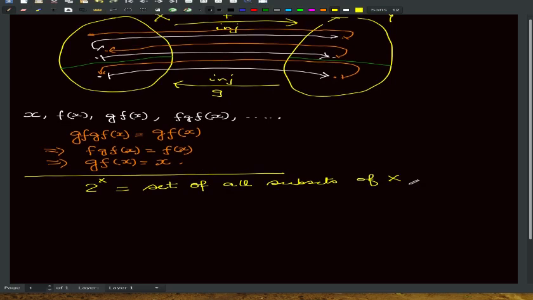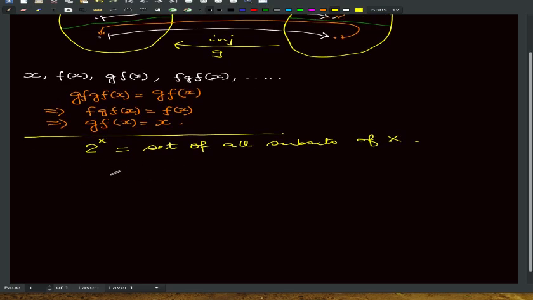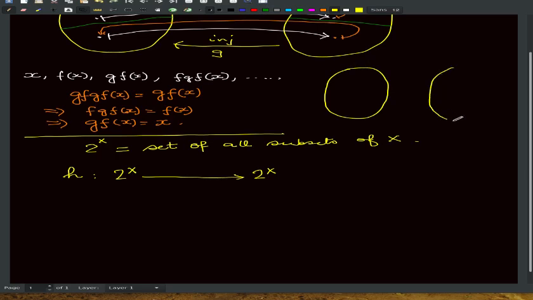So what do I do? I define a function. And how is this function defined? I am trying to give you the picture. So I take a subset.